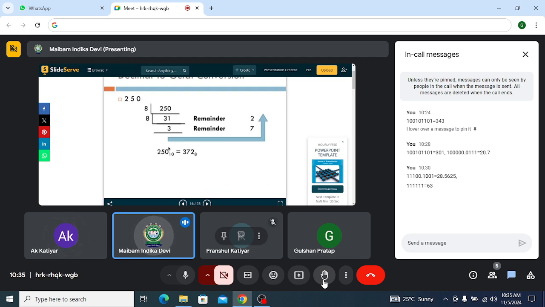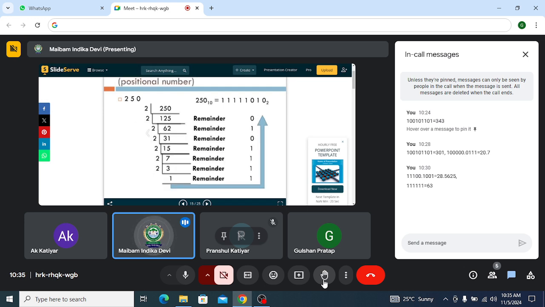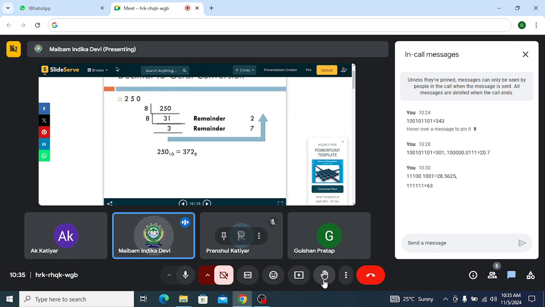Next, suppose you want to convert this decimal 250 into octal. In the previous one, we wanted to convert decimal to binary, so we divided by the base 2. Now to convert decimal to octal, we divide by the base 8.